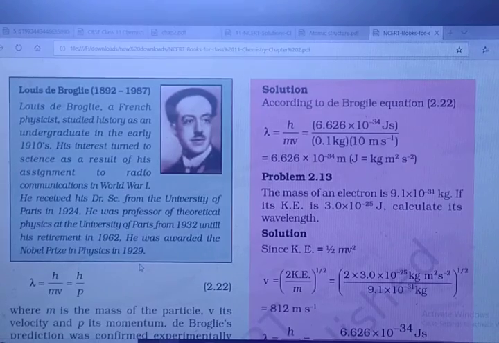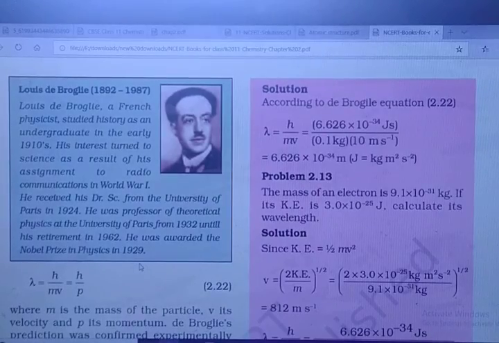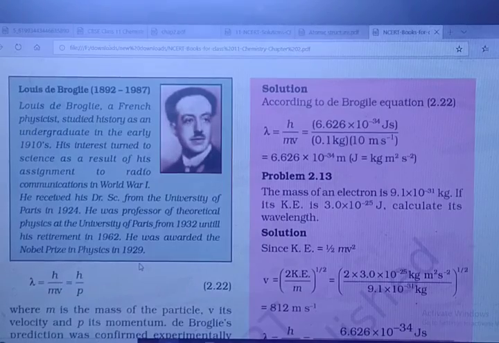Now you can ask me, sir, where did this formula come from? Lambda is equal to h by mv. You have earlier calculated the formula concept, about nu. Do you remember in the previous section of this lecture? As I already told you, from that only we have taken the lambda. Lambda is equal to h upon mv, as he gave the relationship between lambda and momentum.